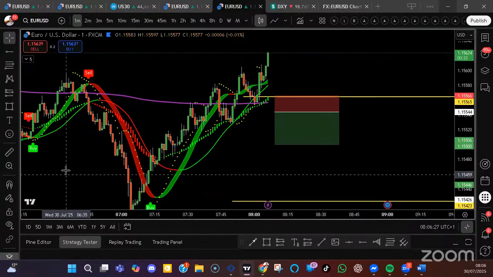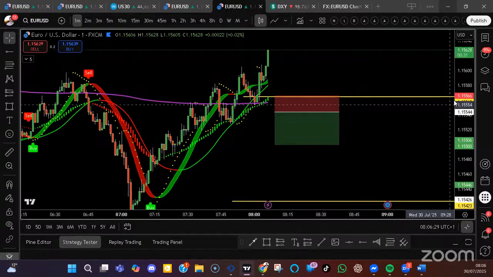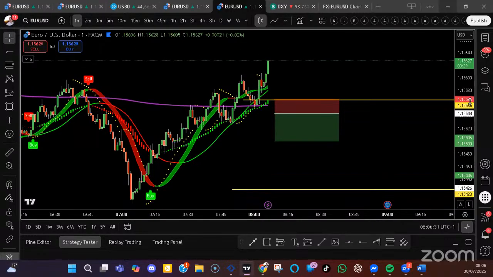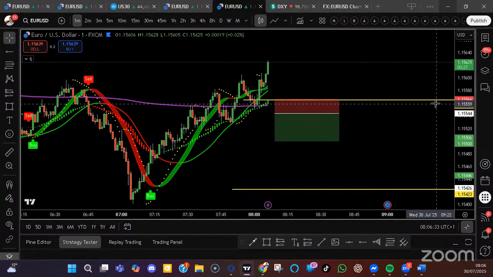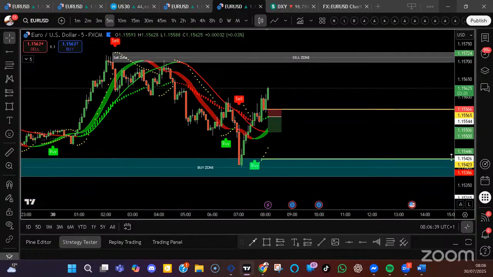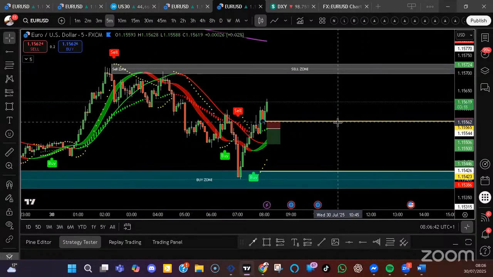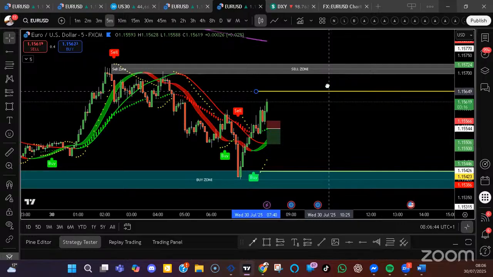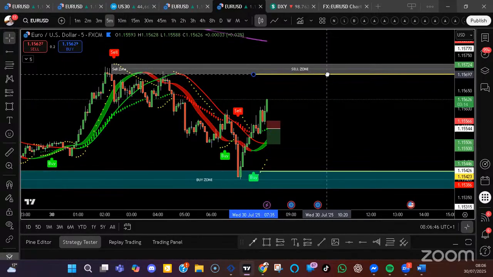But now the powers that be have decided that we are in sell zone territory. Now this sell zone, I'm going to use the same line. We're up to there.